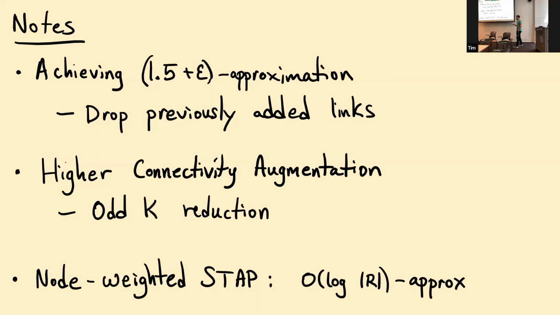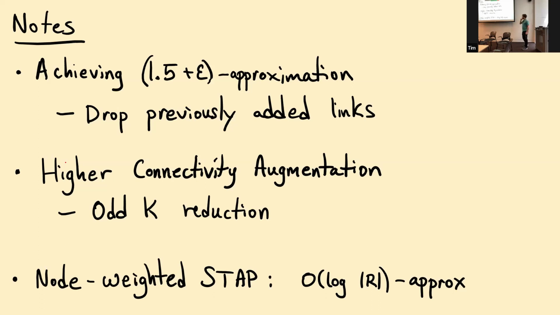But you may want to also drop links which were previously added in the iterations. So by doing local moves, I add in links. Maybe I want to drop links that were added in some earlier iteration. So you can break each link down into uplinks and consider those new uplinks also being dropped. And then this brings it down to the 1.5 approximation.